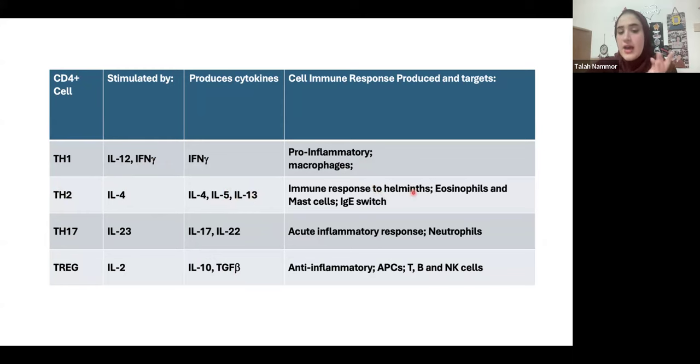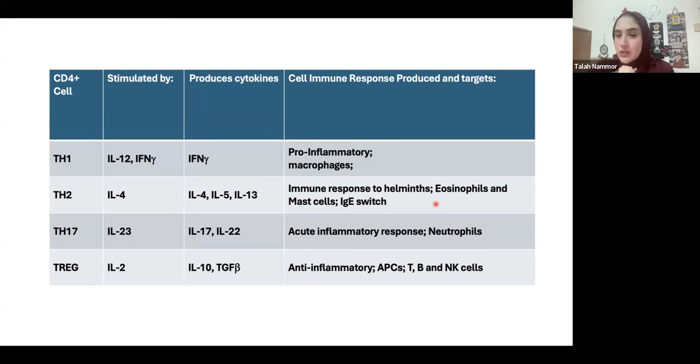It has to do with mast cells, IgE switch, helminths, guys. And when we talk about IgE, eosinophils usually attack helminths, okay? And IgE and mast cells, both of them together. Then we have T helper 17.